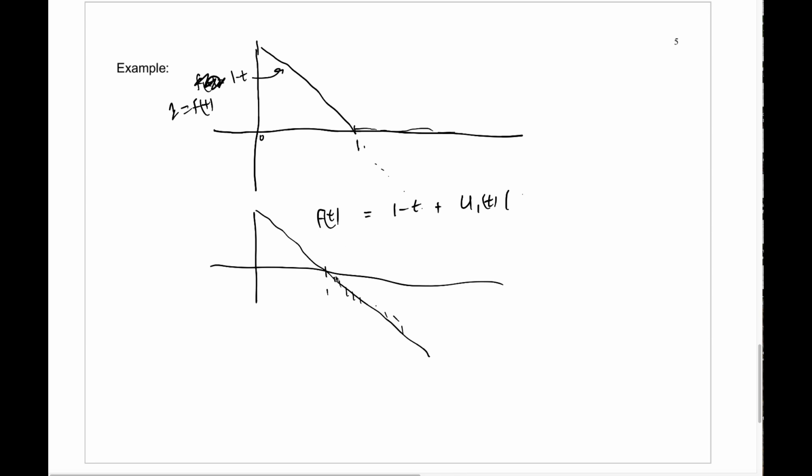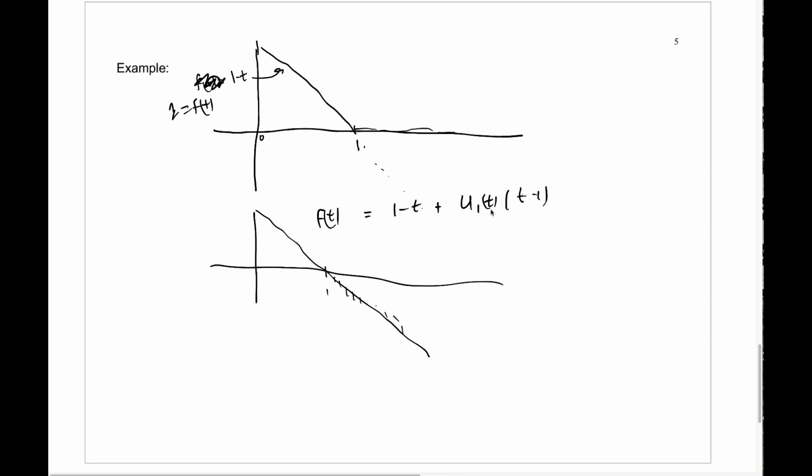But I'm sorry, I'm not going to add 1 minus t, I'm going to add the opposite here, t minus 1. That's what I meant to say here.